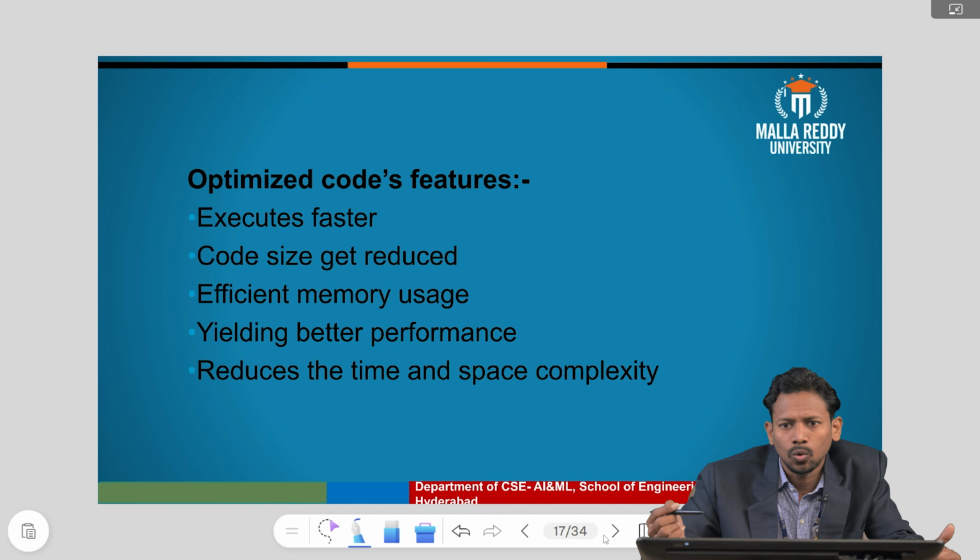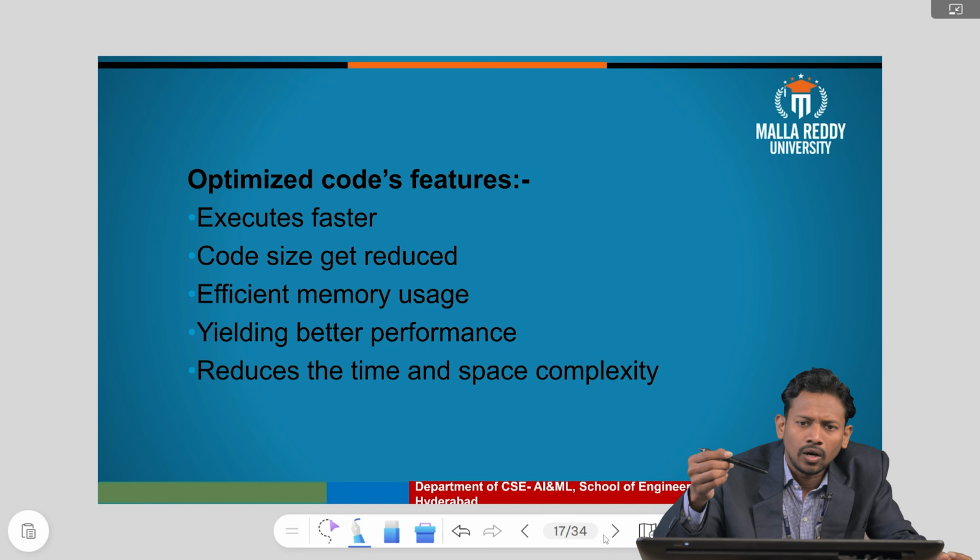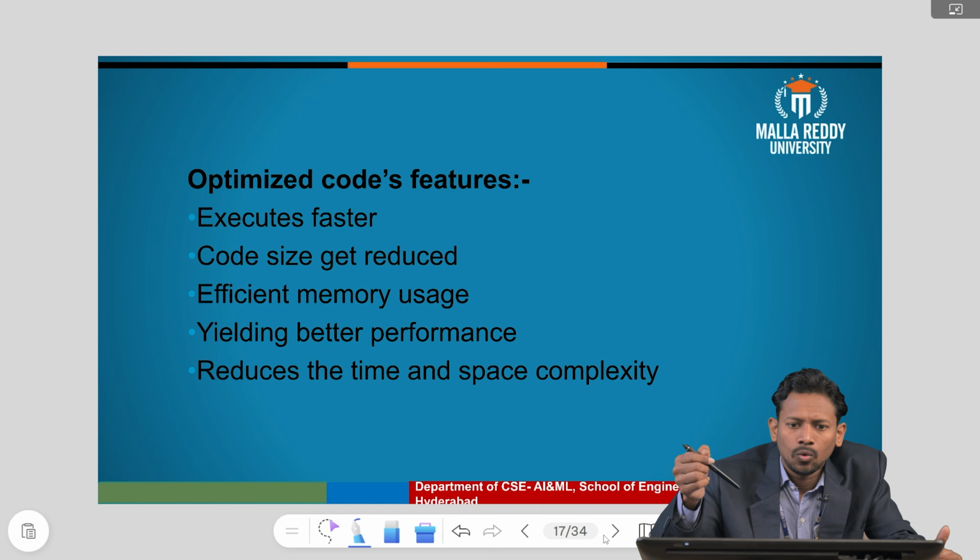These are the very important features of code optimization. To execute the program fast, code optimization is very helpful.